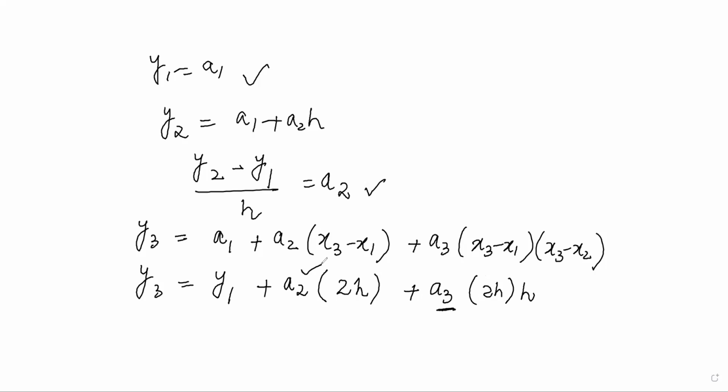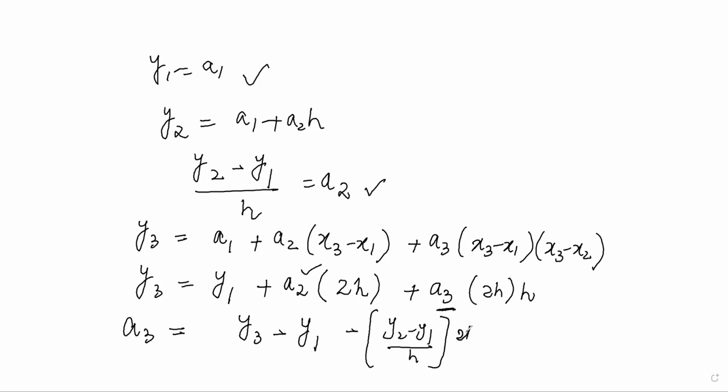So we can say that the value of a3 becomes equal to y3 minus y1 minus a2 times 2h. a2 is our (y2 minus y1) divided by h, and you have 2h.